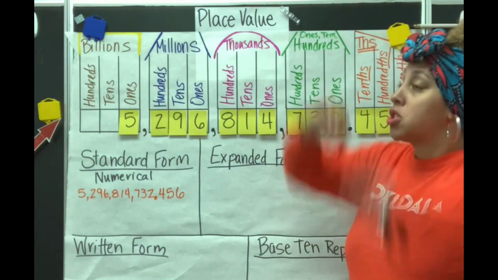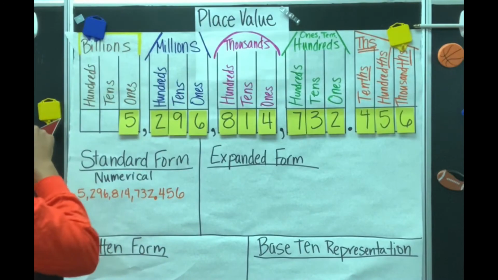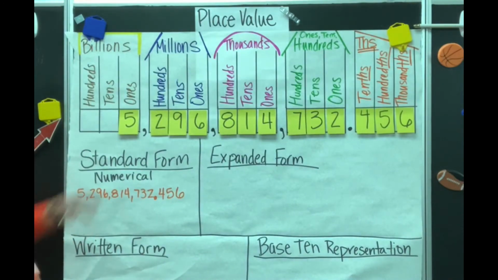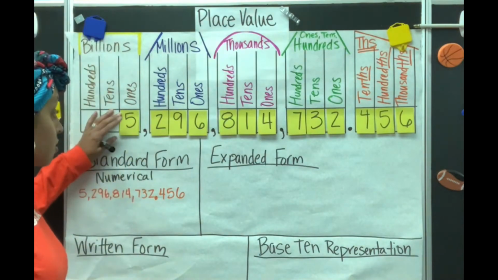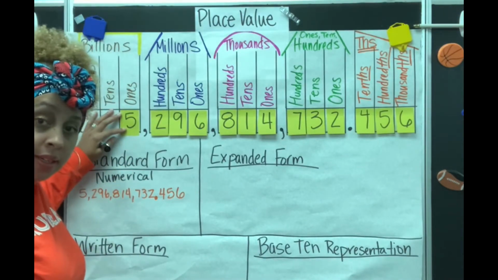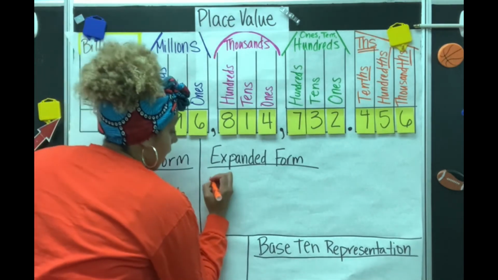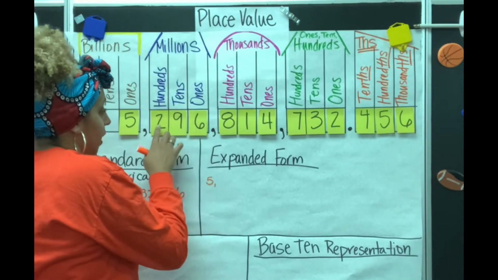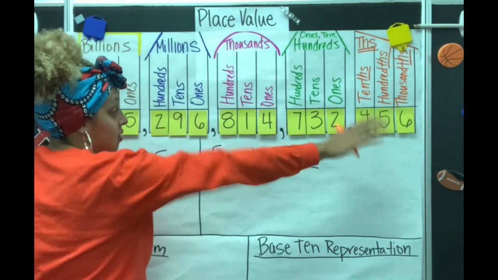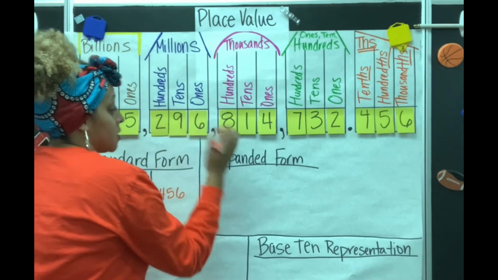So when we do this, we start with our biggest number, which is 5. And it's just 1 because it's in the ones place of the house. So it's just 5 billion. Okay? So we're going to pull it out and we're going to write the number 5 billion. Well, how many sets of zeros does it have behind it? It's going to have this whole house, everything else is going to zero out. It's going to have this whole house, which is 3 zeros.